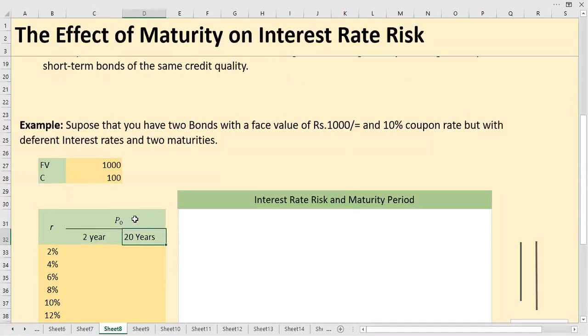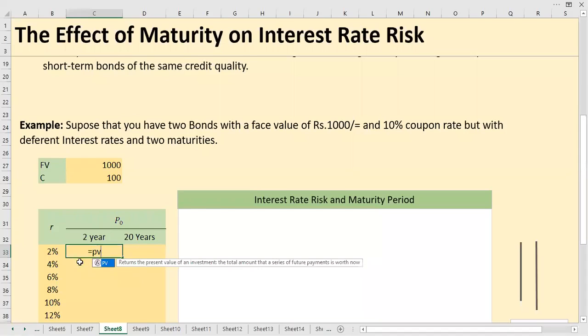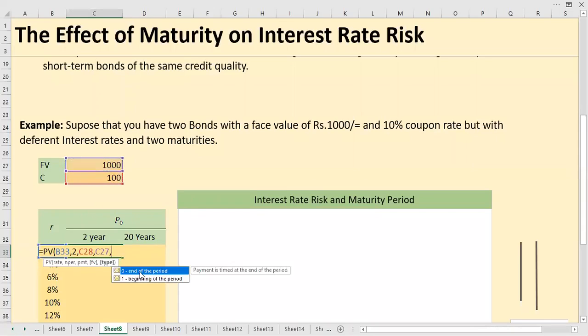Now what I'm going to do is again use that PV function and calculate the values. For the 2-year bond, I'm going to get PV equal to rate, which is 2% here, then the number of years, that is 2 years, then payment is equal to 100 rupees, and the future value is equal to 1000 rupees, and the type we know is at the end of the period.